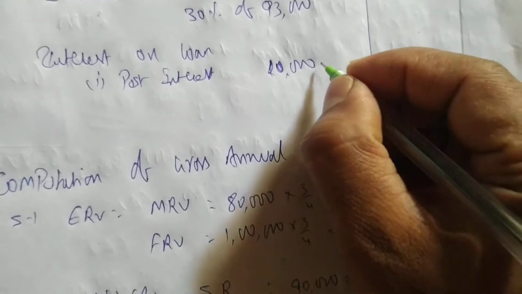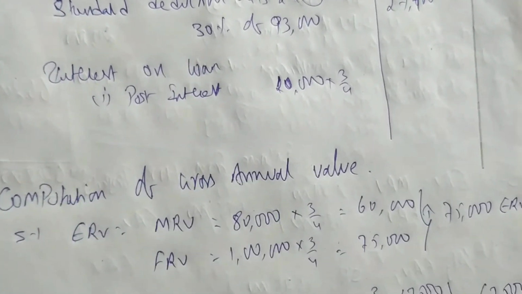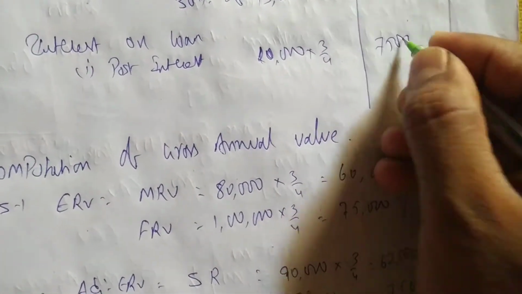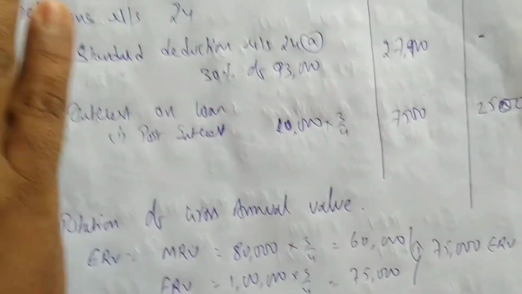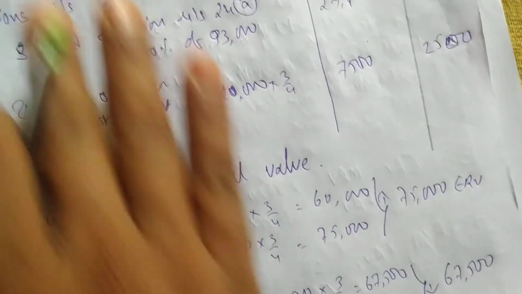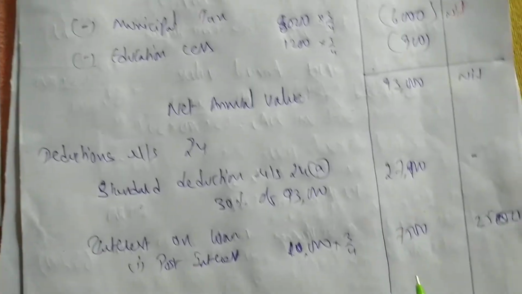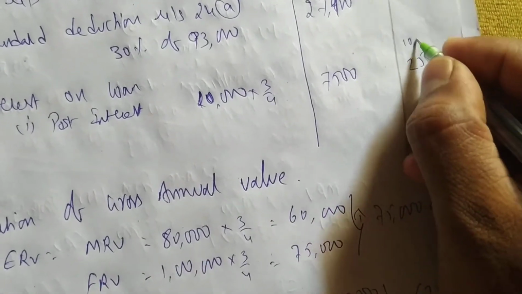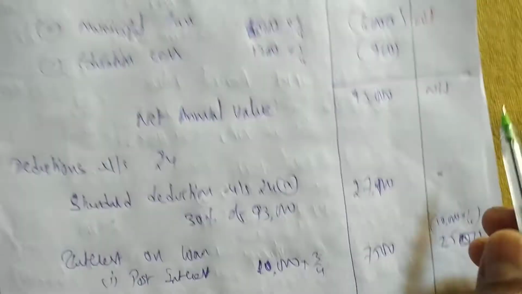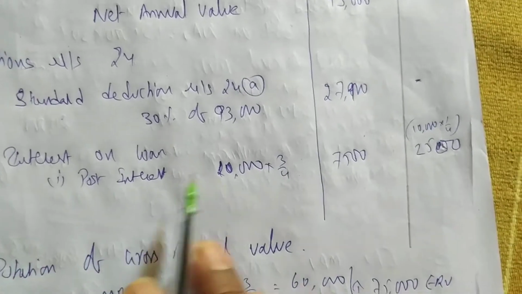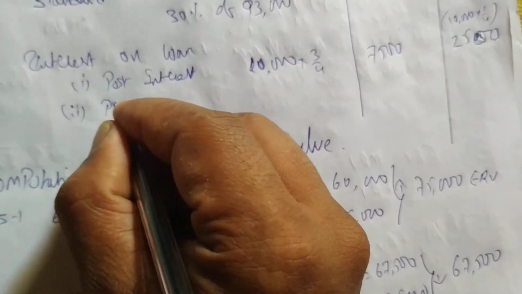This 10,000 we have to divide now. 3 by 4 will go to let out, and remaining 2,500 will go to self-occupied. From 10,000, 3 by 4 will go to let out property, and 10,000 into 1 by 4 will go to self-occupied property. In self-occupied property, only deduction, that is interest on loan, we have to give. Next is pre-construction interest.